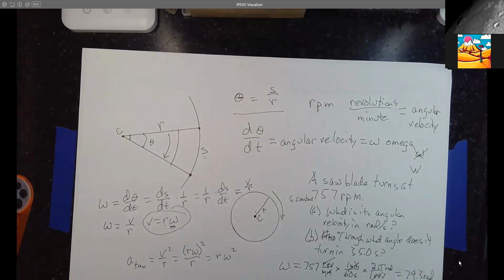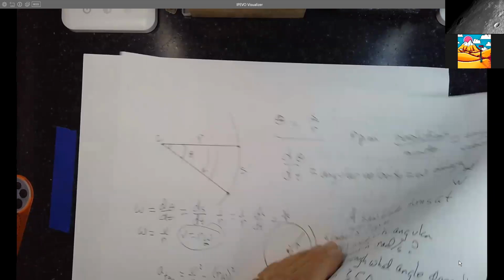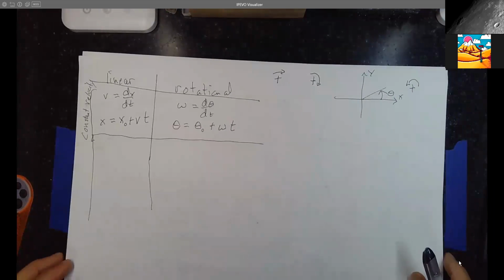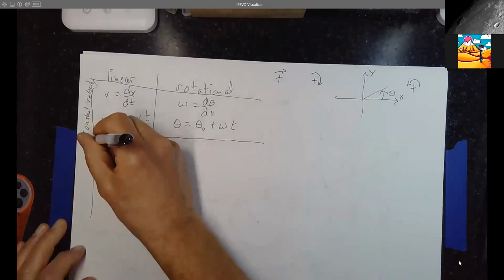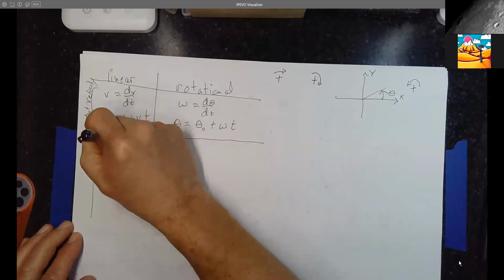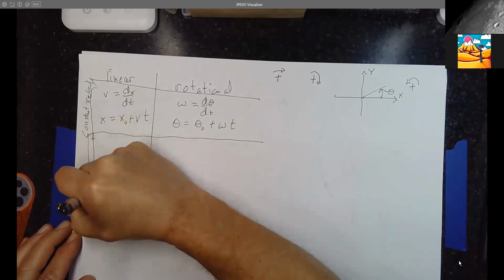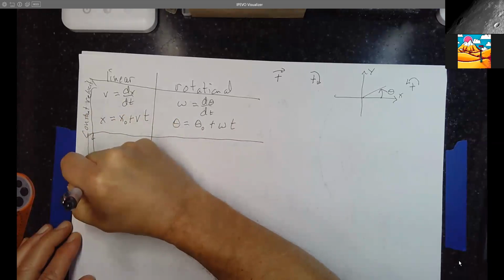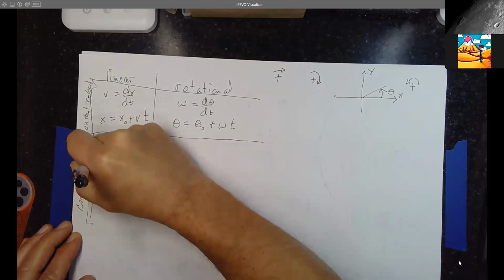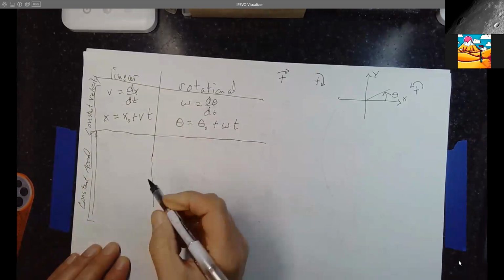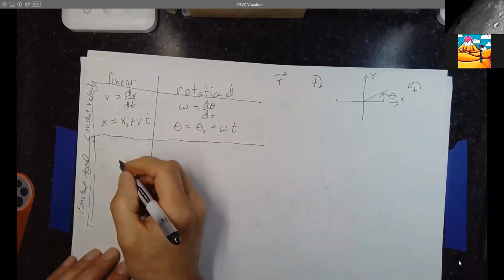We have that going on. Well, let's go back to adding to these things. Let's write our constant acceleration equations here. Okay, in that case, we'll have some basic definitions.